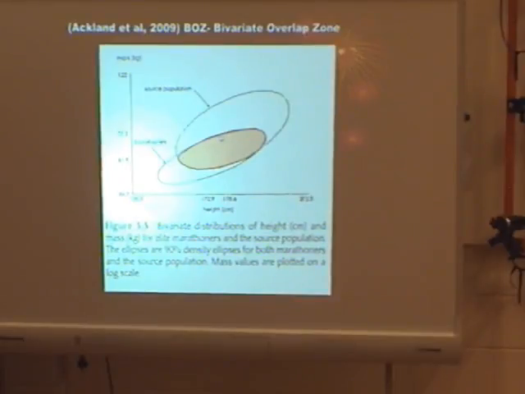As you move further away, so imagine the marathoners move down here, you'll have a much smaller zone, and that'll show that your marathoners are more different from the source population. So a decreasing BOZ score means that your population is more optimized. It's more different from your source population.